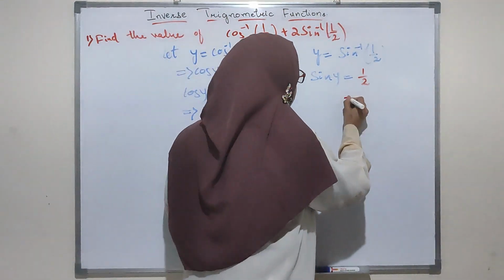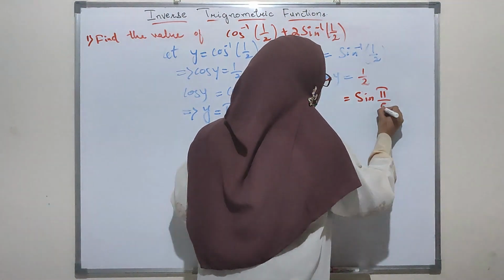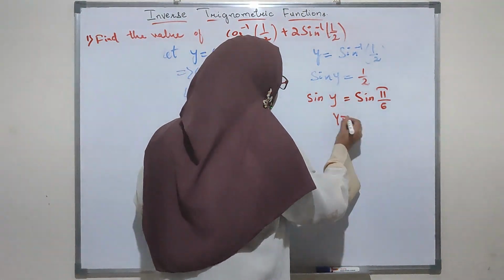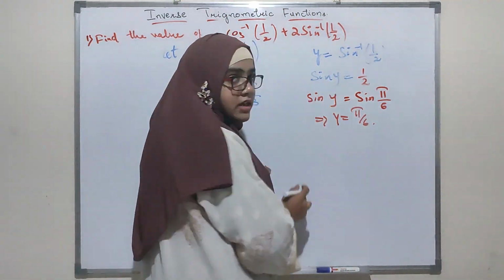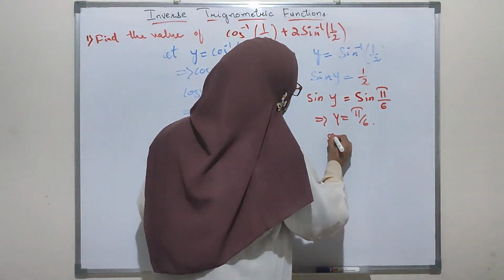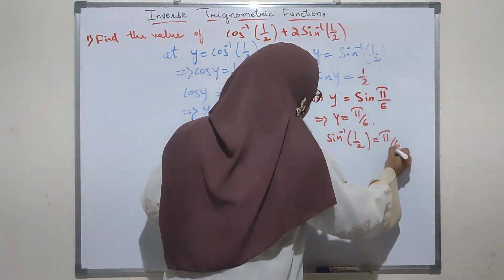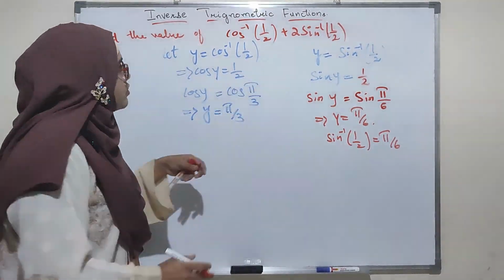Sin 30 means pi by 6. So sin gets cancelled. y is equal to pi by 6. Okay, so sin inverse of 1 by 2 is equal to pi by 6. Now we have to write each value separately.